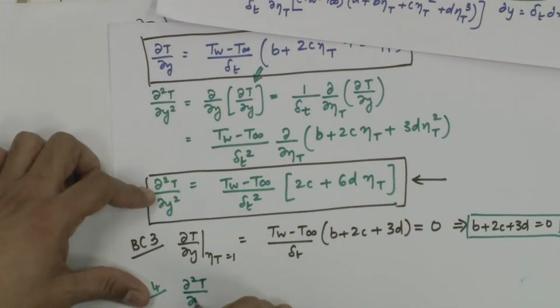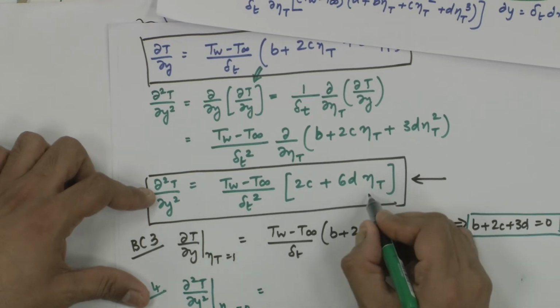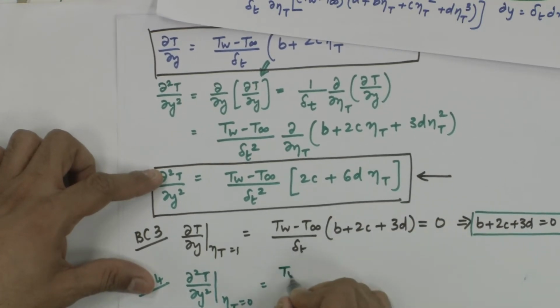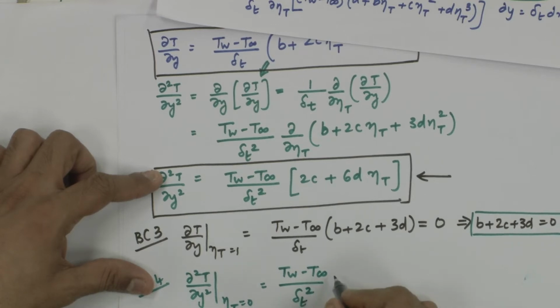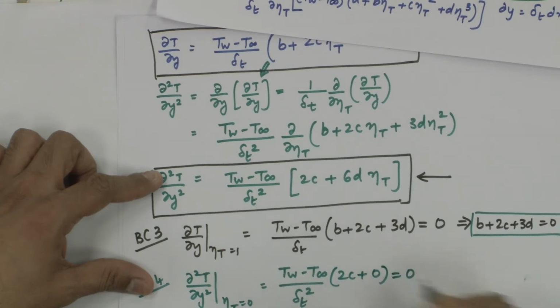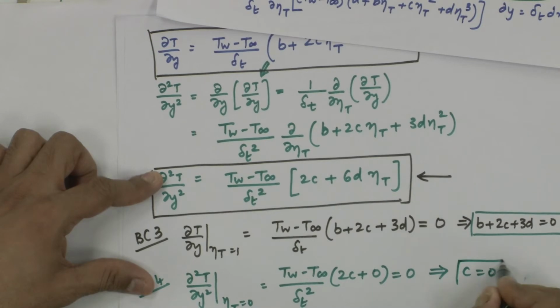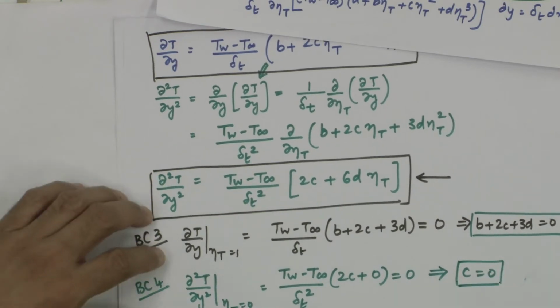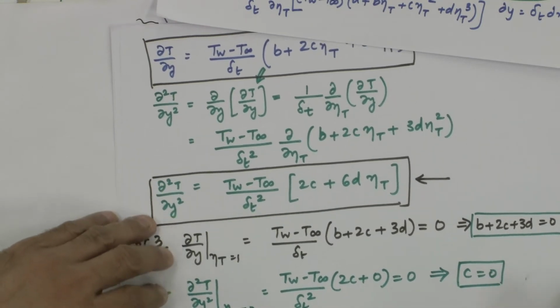So, when eta t is 0, d squared T by dy squared at eta t equal to 0, I would get (Tw minus T infinity) by delta t squared times (2c plus 0) equal to 0, therefore c equal to 0. I get one number already.